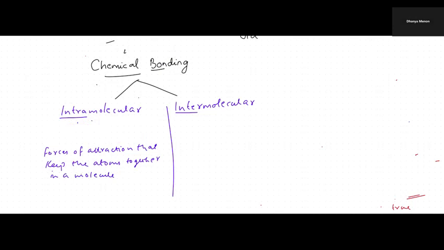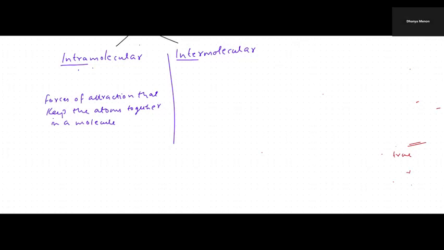Now, examples of these intramolecular forces or these bonds are ionic, which is a very strong bond. Then we have covalent, then we have metallic and coordinate bond. Okay, so these are the examples of intramolecular, that means forces of attraction that keep the atoms together in a molecule, and these are strong forces. Okay, so this is intra, within the molecule, and these are just strong forces of attraction.